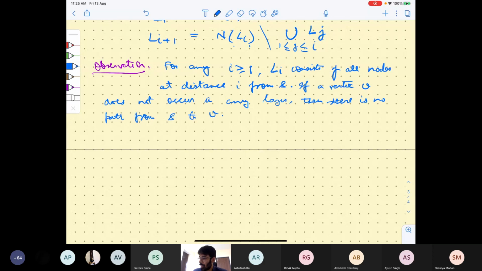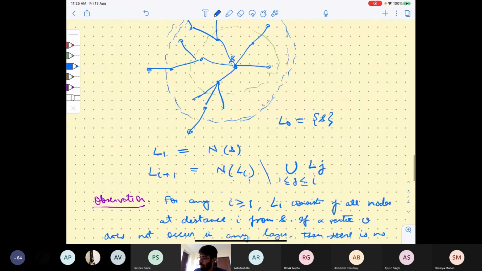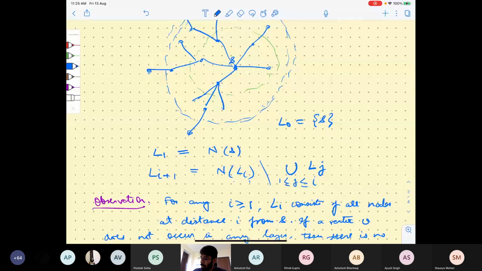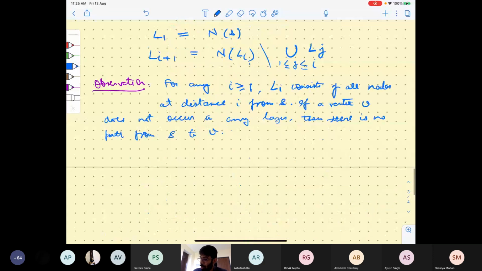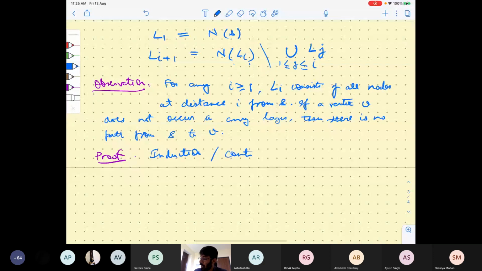Okay, so if this is easy to see for you, because from S you start and the first layer is distance 1. Instead of an observation, if you want to make it a lemma and prove it, you can prove it by induction. The first part will be by induction and the second part can be by contradiction. Suppose there is a path from S to V and V does not occur.